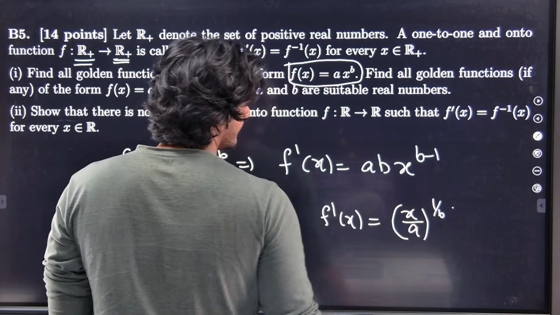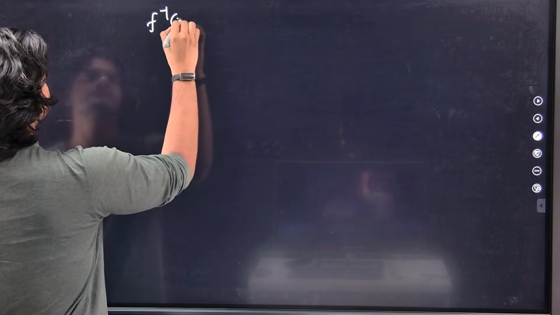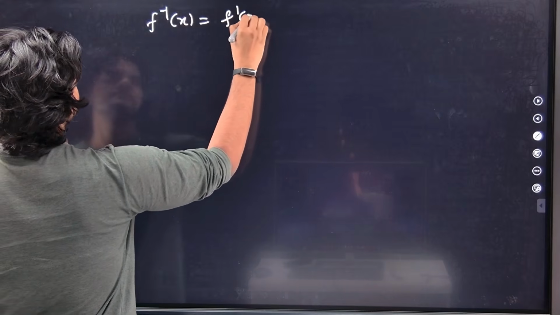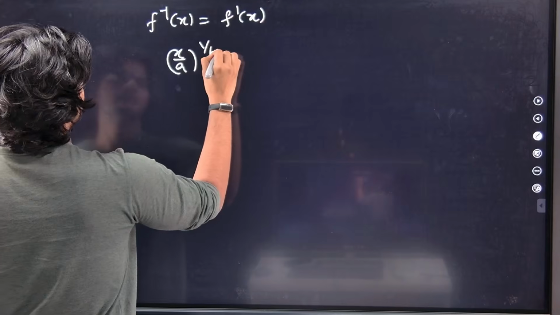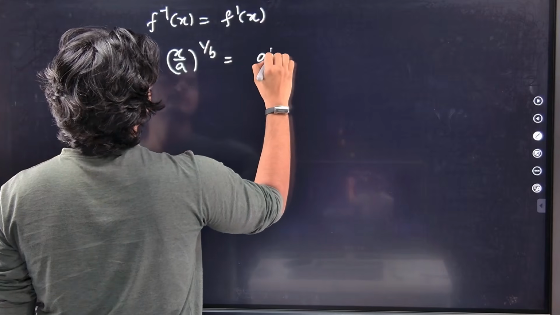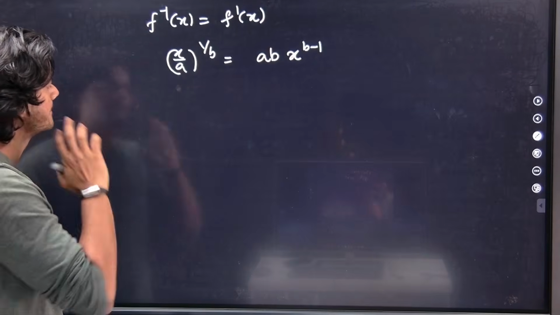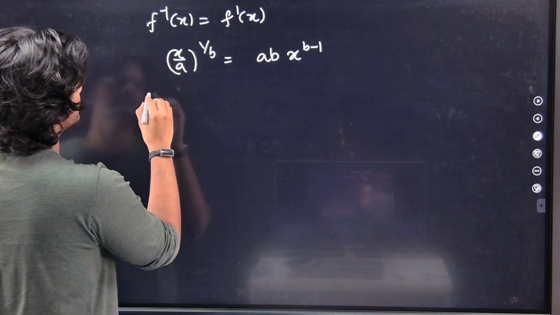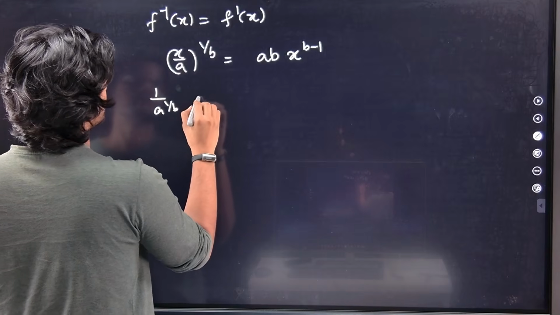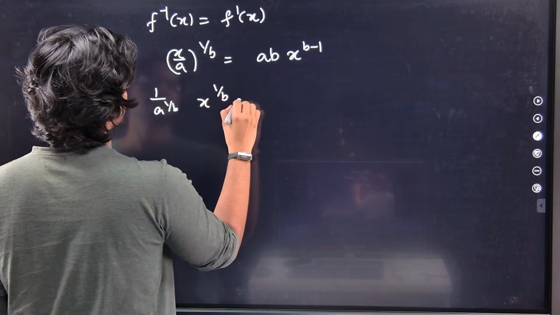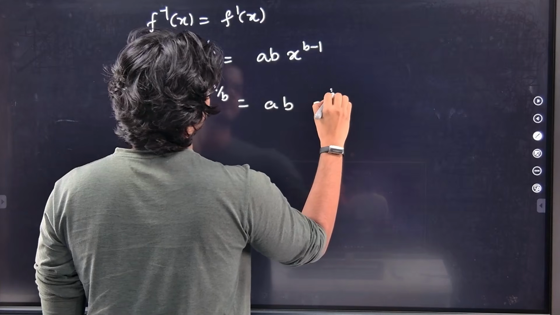Now, is it possible that f inverse of x is equal to f dash of x? So that means (x by a) whole power 1 by b is equal to ab x power b minus 1. So how do we do that? So for one, you see that 1 by a power 1 by b, x power 1 by b should be equal to ab x power b minus 1.